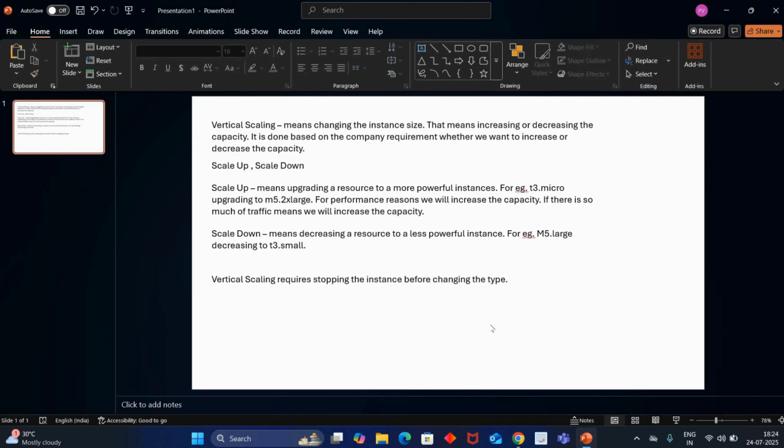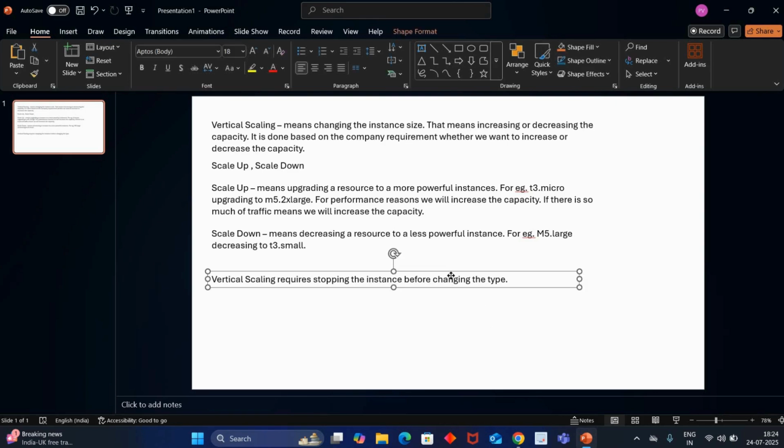So vertical scaling means what? Vertical scaling means increasing or decreasing the instance size, and it requires that we stop the instance, and then we can do this process.